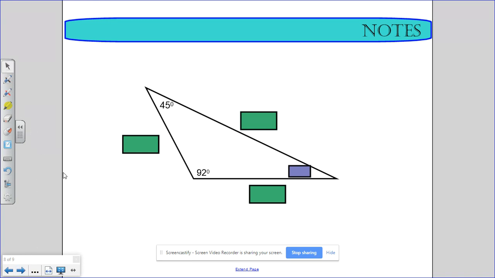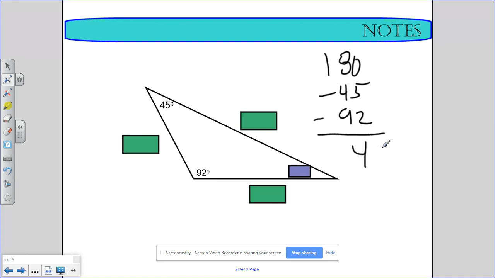So let's look at this. First, we have 3 angles here, one's missing. Our 3 angles have to add up to 180. So that means I can take my 180 minus my 45 minus my 92 to get this third angle. We do the math, that's 33 degrees.